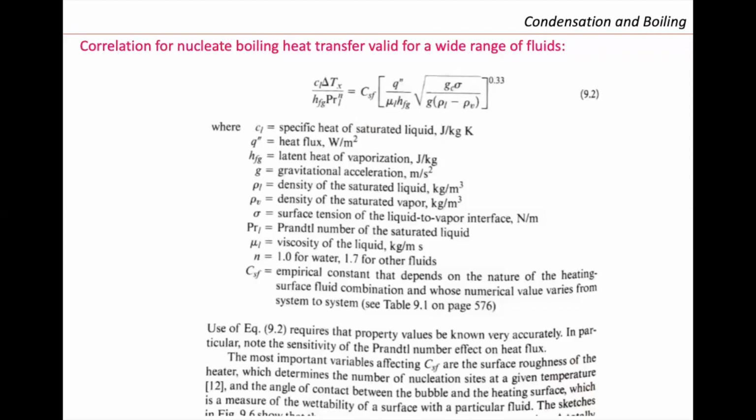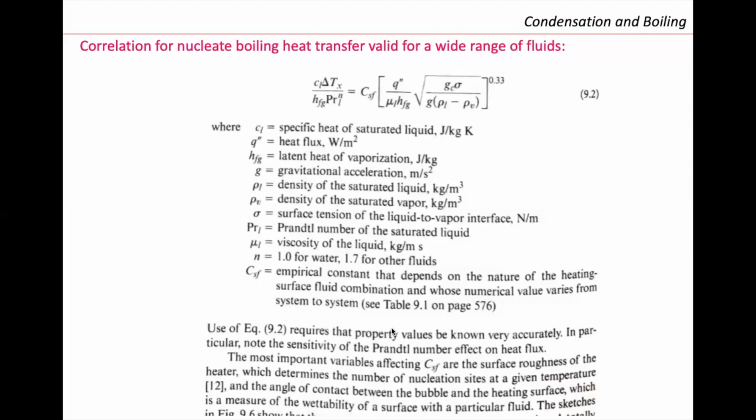The most important variables affecting CSF are the surface roughness of the heater, which determines the number of nucleation sites at a given temperature, and the contact angle between the bubble and the heating surface, which is a measure of the wettability of a surface with a particular fluid.